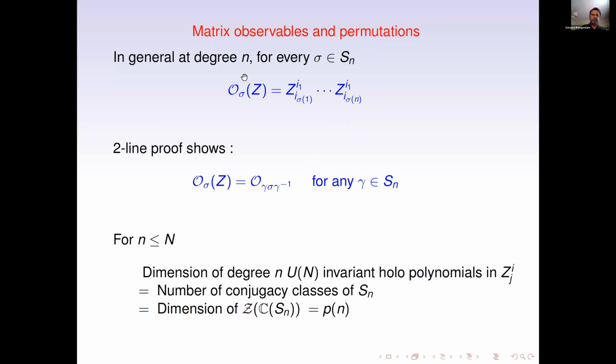So in general, at any degree, you can build the invariant holomorphic functions by lining up your Zs, I1 up to In here. This is a typo. And then the indices below are the same, except in some arbitrary order, which is parameterized by permutation sigma. And a simple proof shows that the observable you're getting is the same if I conjugate the permutation.